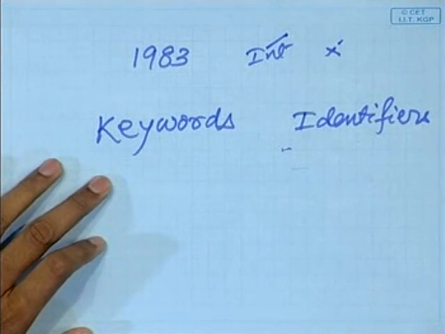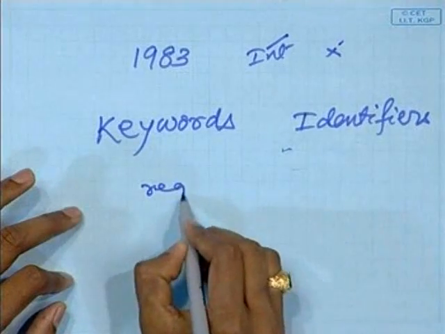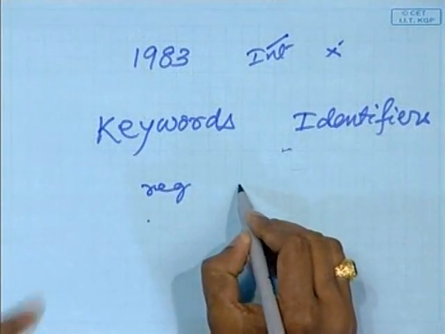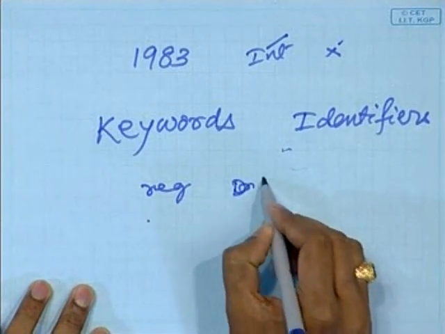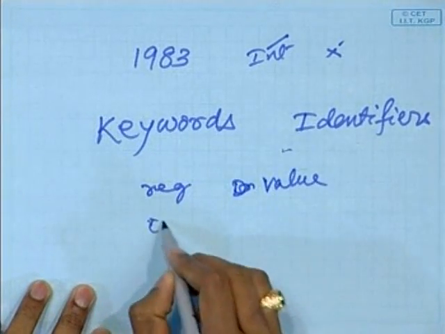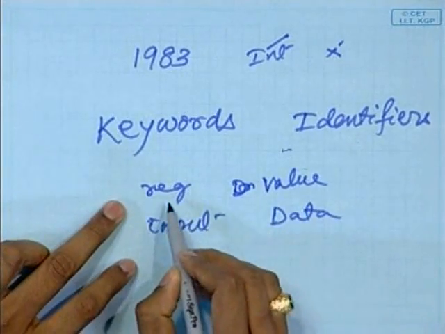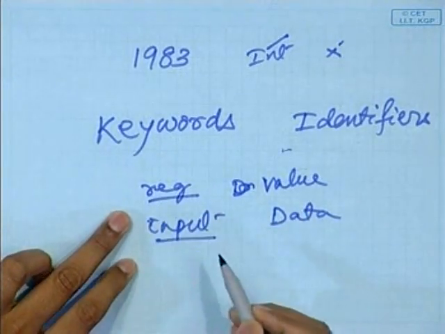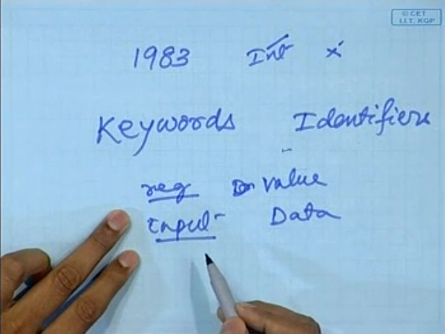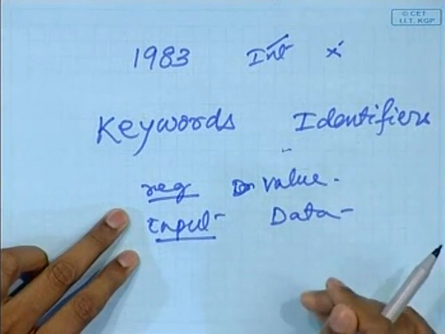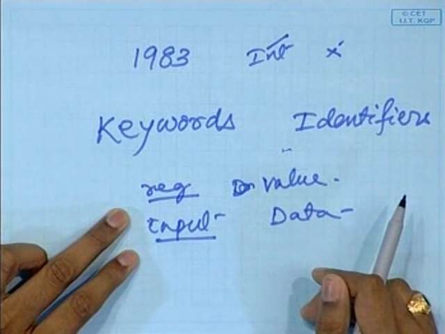I am not covering all the keywords; you will realize what the keywords and identifiers are as we go. For example, in Verilog, reg and input are keywords, and value or data is an identifier.